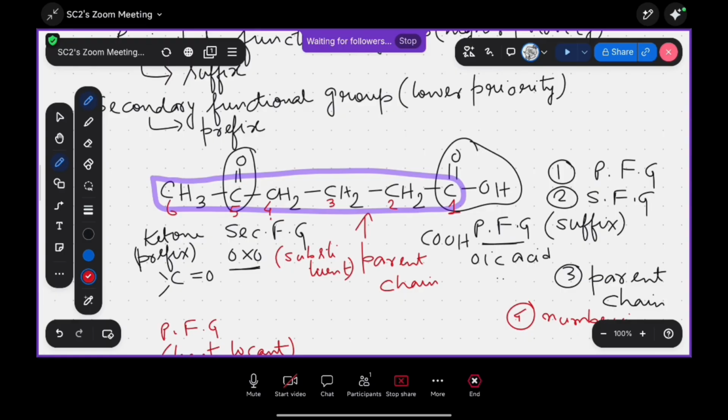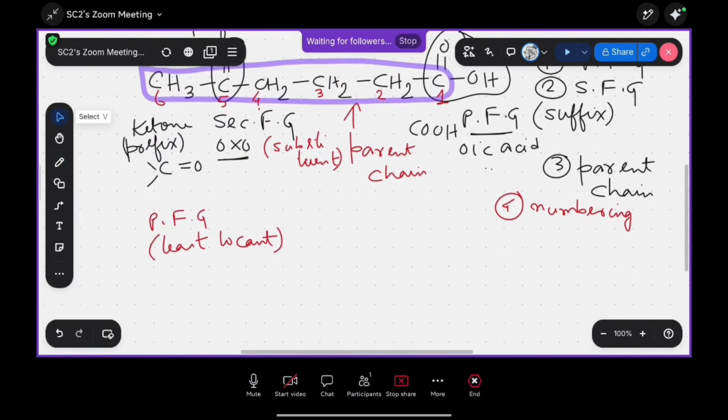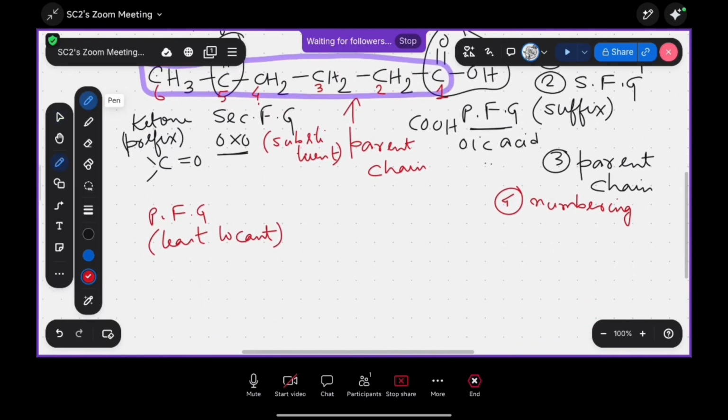And this has to be written earlier. According to the format, the side chains or substituents are written in alphabetical order. We have only one substituent, so 5-oxo. At the 5th position we have the ketone functional group, which, being the secondary functional group, takes the prefix.